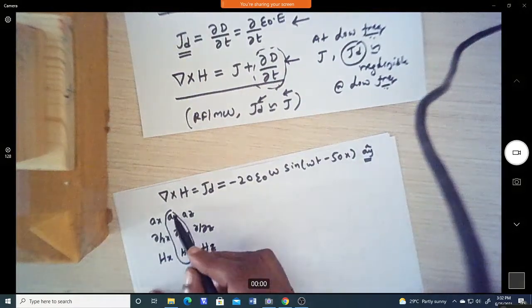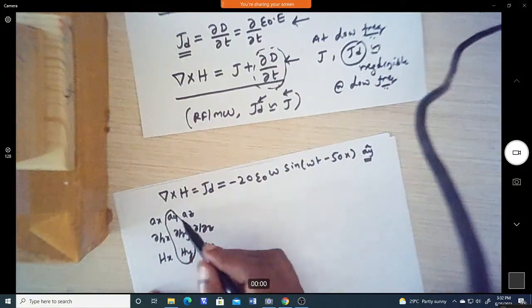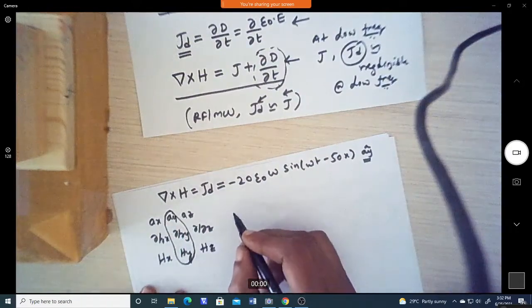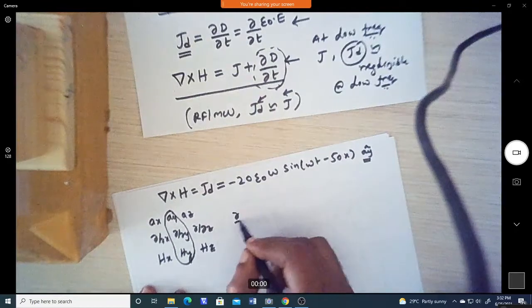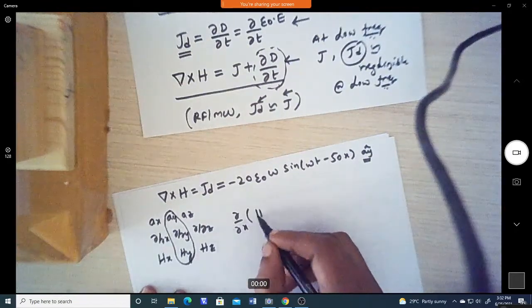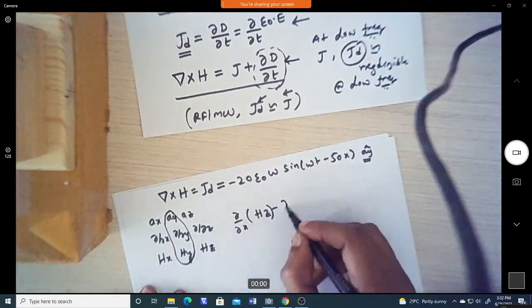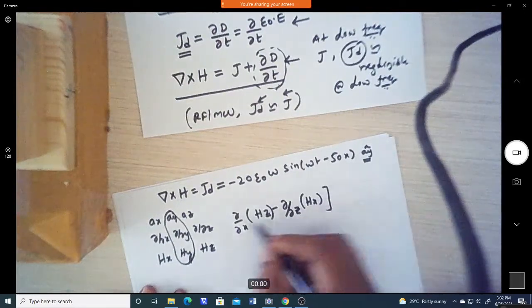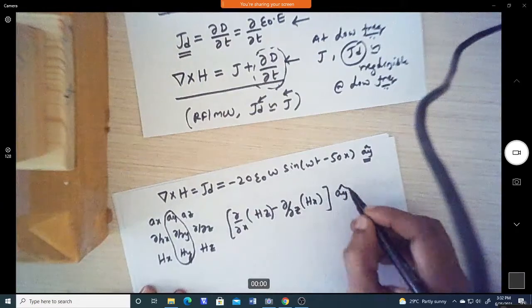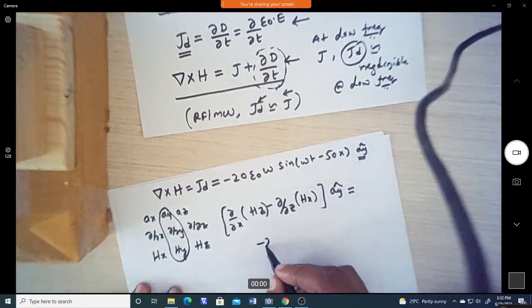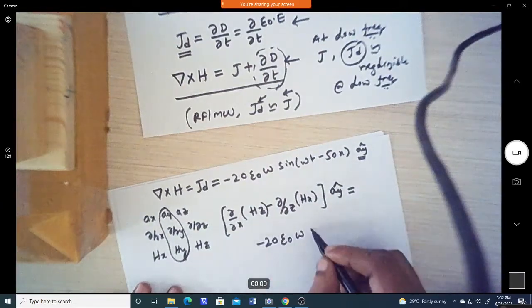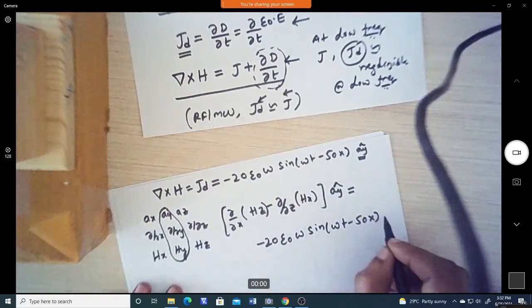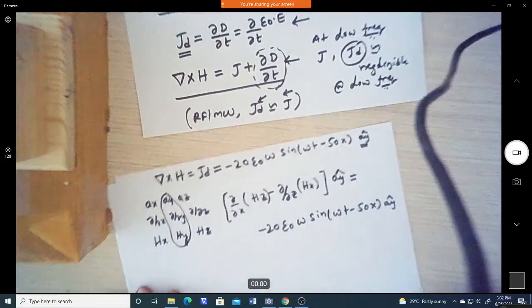If I take only the AY vector, the del cross H is equal to del by del X of Hz minus del by del Z of Hx. This is in the direction of AY, which is equal to minus 20 epsilon naught omega sin of omega t minus 50x in the direction of AY.